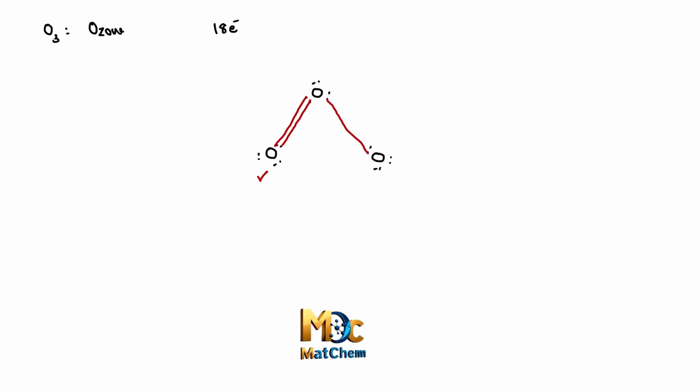So now this one has 8 electrons. This has 3 plus 1, 5, 2 plus 1, 3, 3 plus 6, 9 electrons. Here if you take 2, 2 plus 2, 4, 4 plus 1, 5, 5 plus 2, 7. That means for this particular oxygen atom, the octet is complete. For this particular oxygen atom, there is 1 electron extra. For this particular oxygen atom, there is 1 electron less.